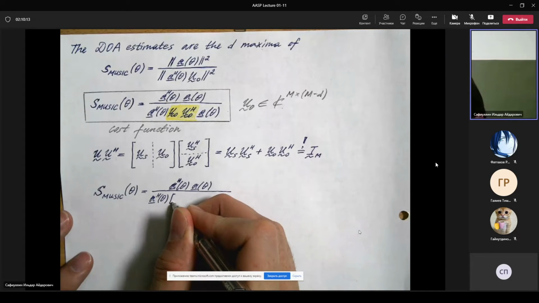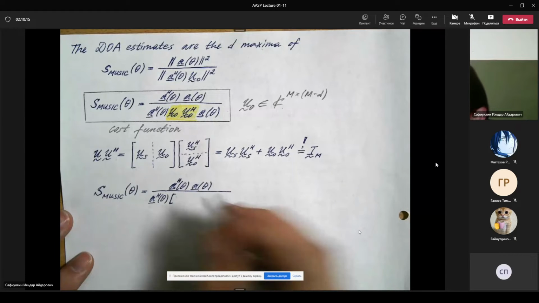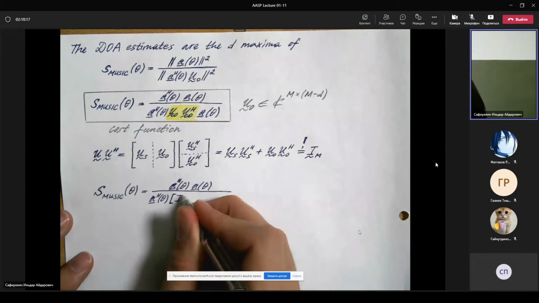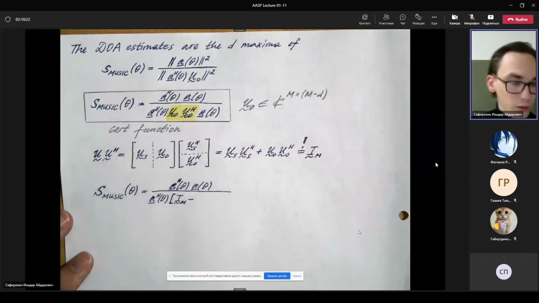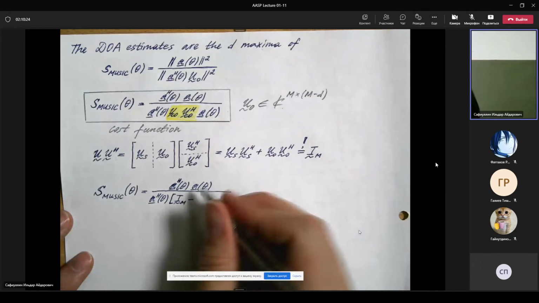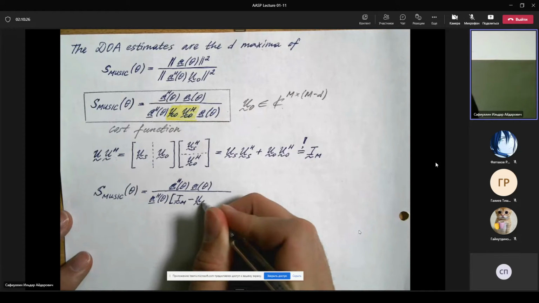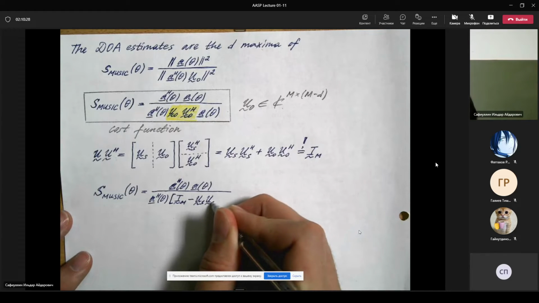And here we have the identity matrix of size M minus U of S times U of S Hermitian.